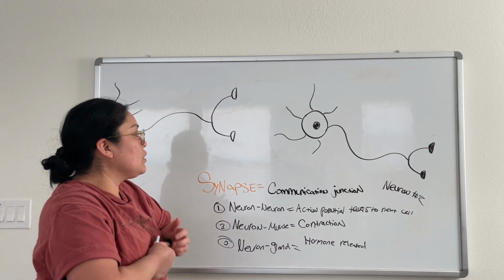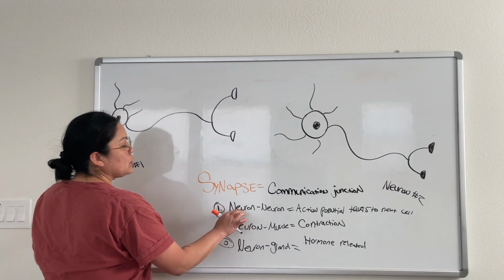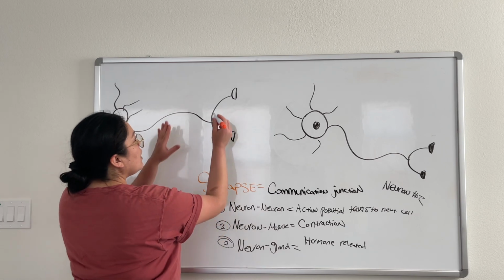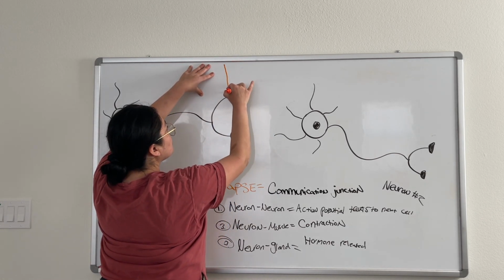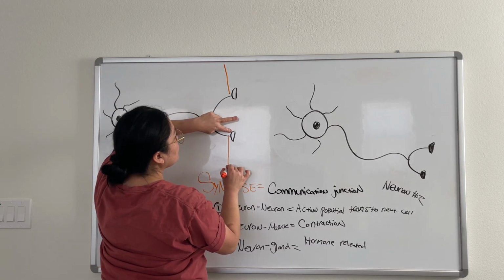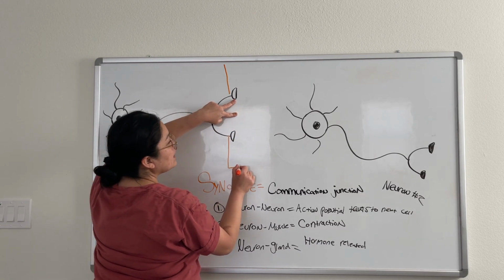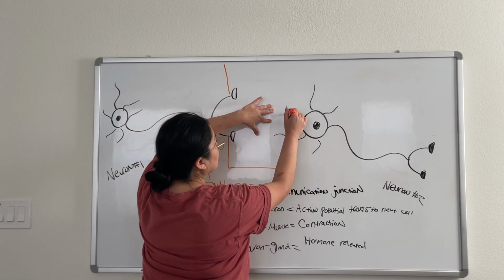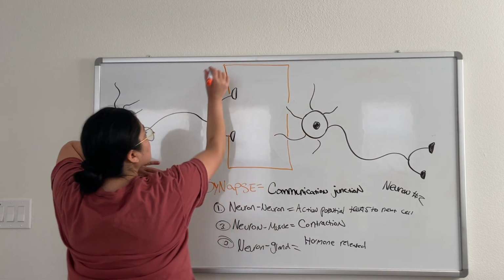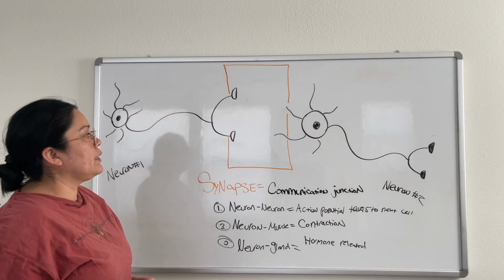Okay? So, synapse is the communication junction. Like I said, we're going to be looking at communication between a neuron and another neuron. The synapse involves these axon terminals right here, and it involves the tip of these dendrites of the second cell right here. So this whole thing is what we're pretty much looking at here.